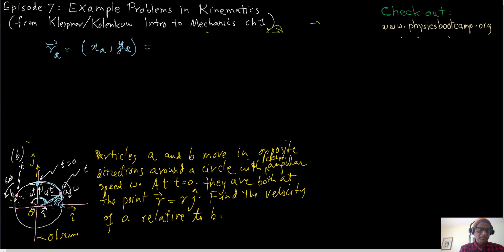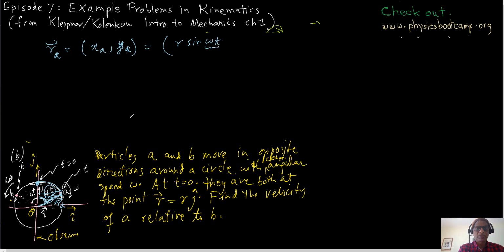So x of A, looking at this, is the angle, and this is little r, which is constant because it's a circle. So if this is theta, then x of A is going to be r sine theta, and theta is omega t.